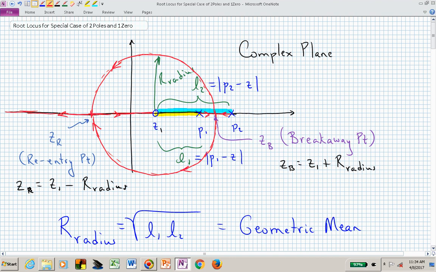With that, we can compute our radius, quickly finding the breakaway point and the reentry point, and then we will have to determine what our values of K are relative to this root locus shape and the unit circle.